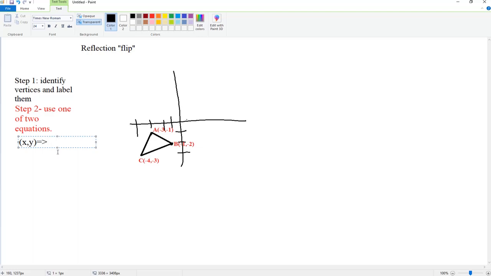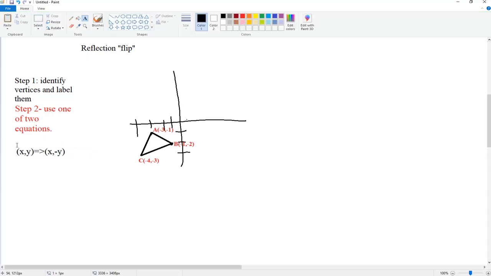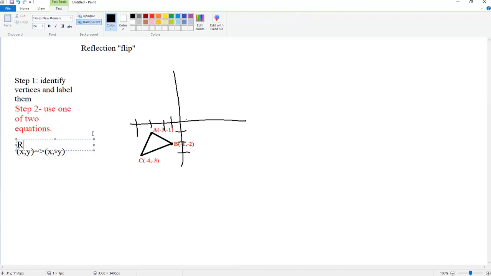If you're flipping vertically, so what I mean by vertically is you're flipping upwards. So it's here, now it's here. Here, now it's here. If you're flipping vertically, it will look like this: x, -y. The official term for this is reflecting over the x-axis.